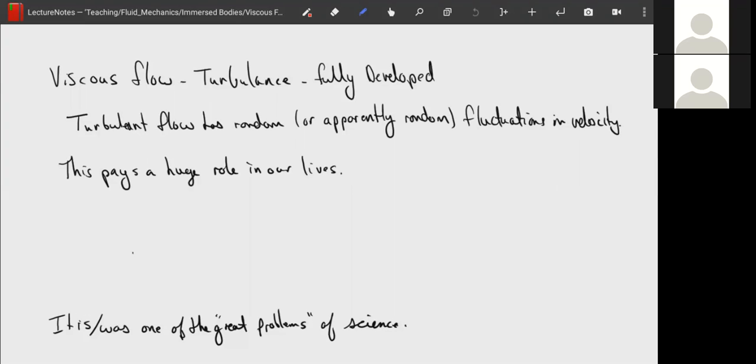I've said many times over the semester that we live at relatively high Reynolds numbers. A car drives in turbulent flow. Planes obviously fly in turbulent flow. There's evidence that turbulent flow or separated flow in your bloodstream can cause problems in your arteries.